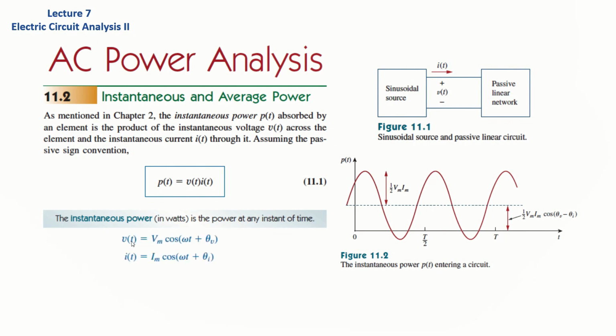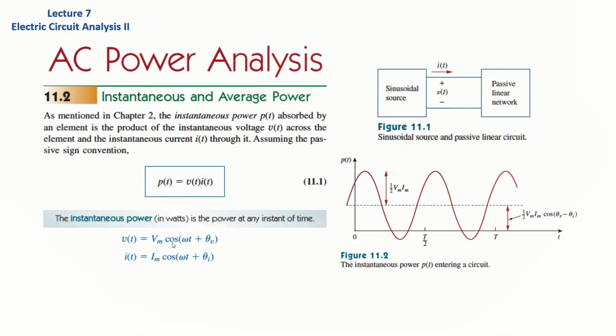So let's try to find an expression for power in terms of sinusoids. We have this voltage source, V of t, which is equal to this sinusoid, and we have the same source with this representation of the current.